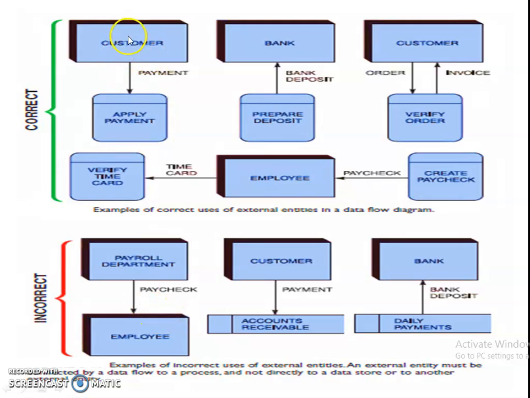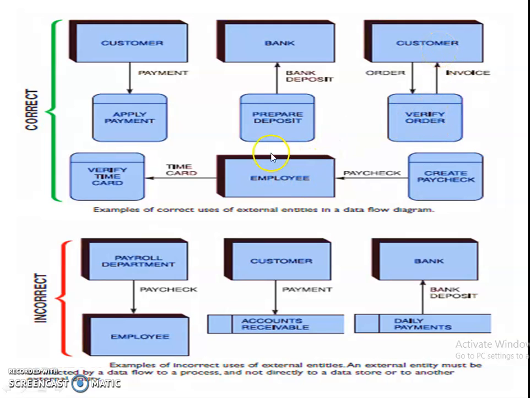So this external entity must be connected to a process, whether it is giving an input or the process is giving an output. It is also possible that an external entity gives an input, after which it will also receive an output from the same process.